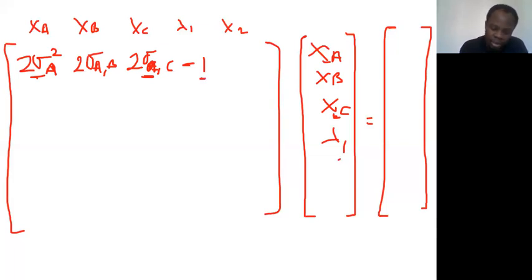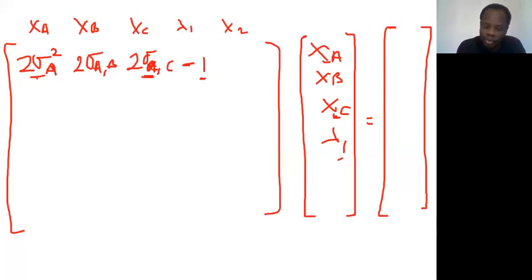Okay, so let's check the equation again. Right, great. The next one that we are looking at is the one that has lambda 2 in it, and that was minus RA lambda 2.